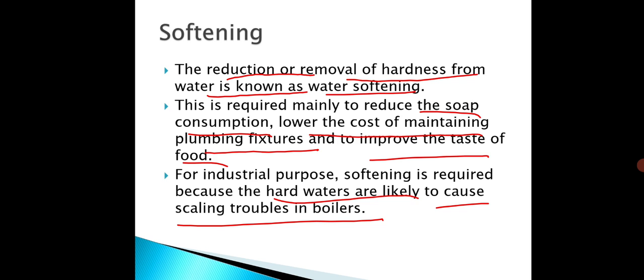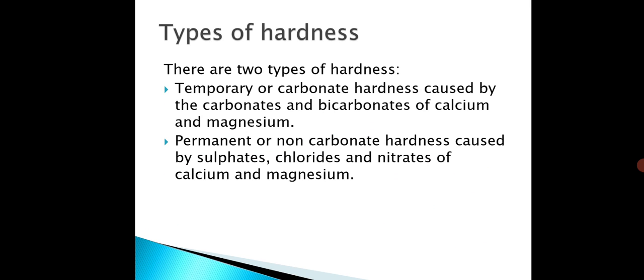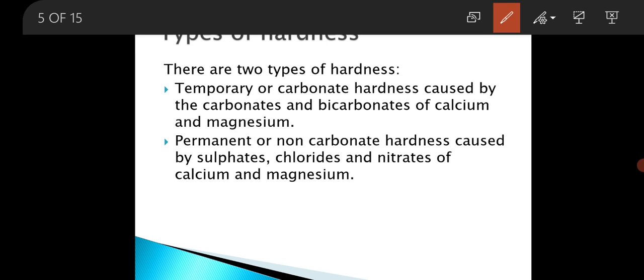Next, what are the different types of hardness? There are mainly two types of hardness. One is temporary hardness, which is caused by carbonates and bicarbonates of calcium and magnesium.